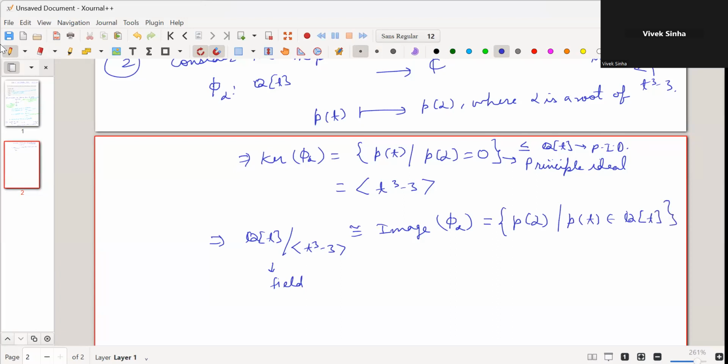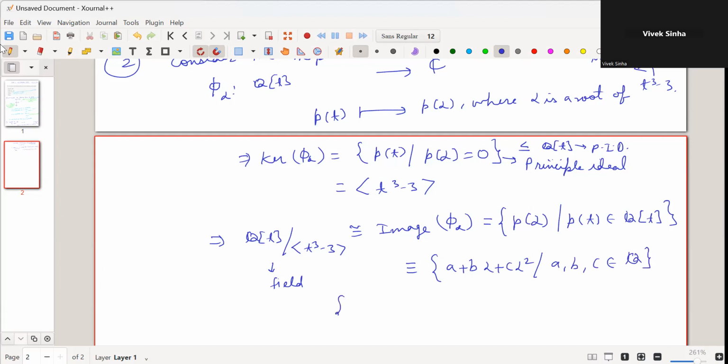Now, you can say this is the same as a plus b alpha plus c alpha square such that a, b, c belong to Q. Why?